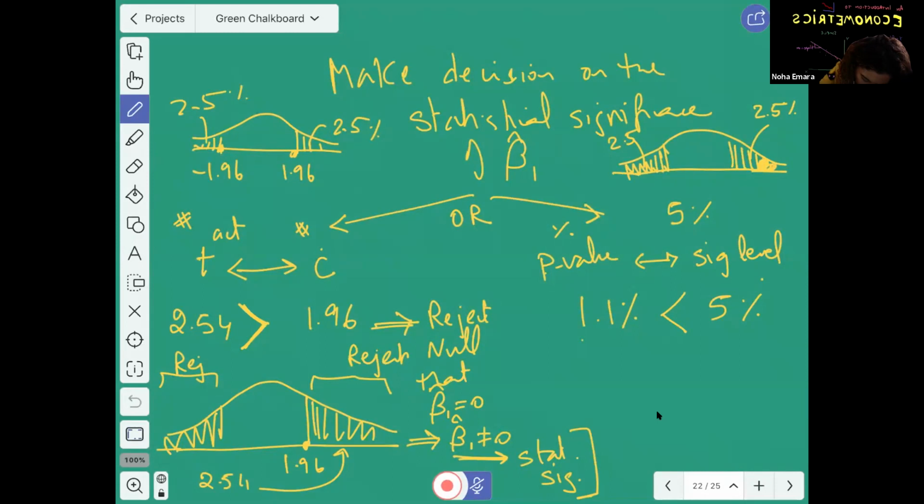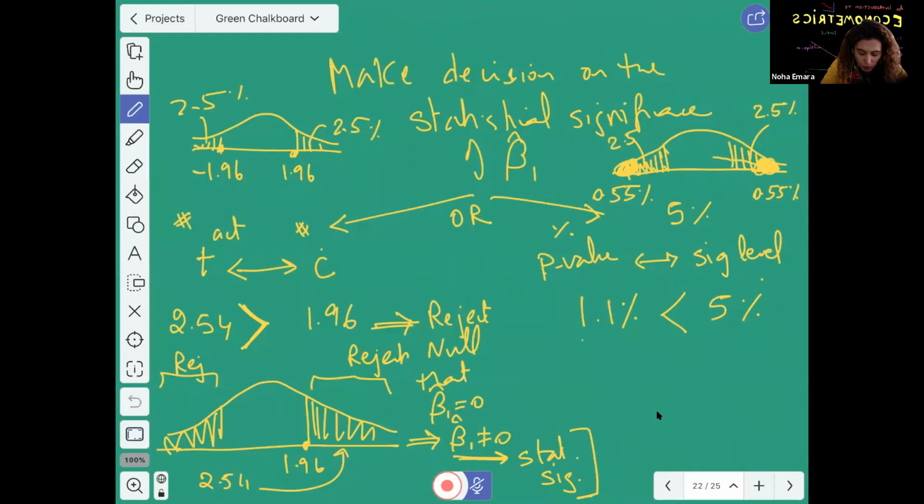Let's say here 0.55%, and this one would be very, very small, 0.55%. So you are again in the rejection region, right? Because as the p-value increases, you keep getting closer to the 0, but you're actually here.